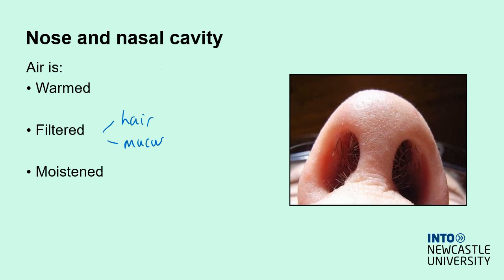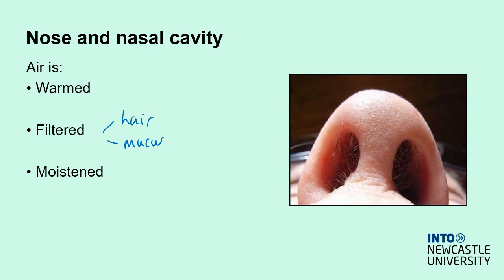Mucus is sticky and will trap dust and bacteria, and it helps protect from irritants and infections getting into the lungs. Any of these materials will get trapped in the sticky mucus and will either be blown out into a tissue and disposed of, or will be swallowed, dripped down to the back of the throat, swallowed into the stomach and destroyed by the stomach acid.